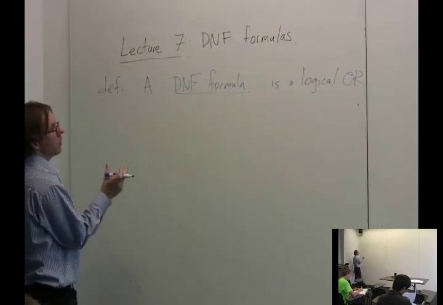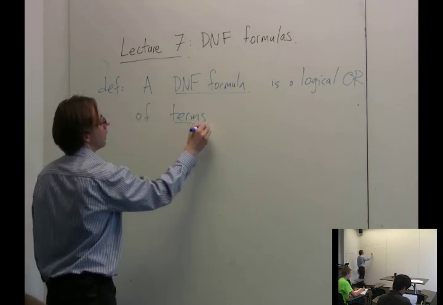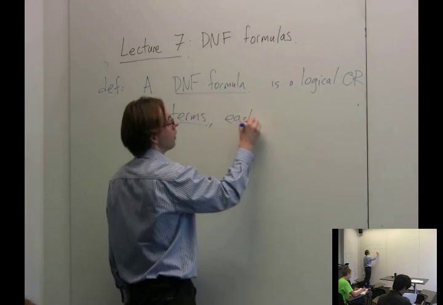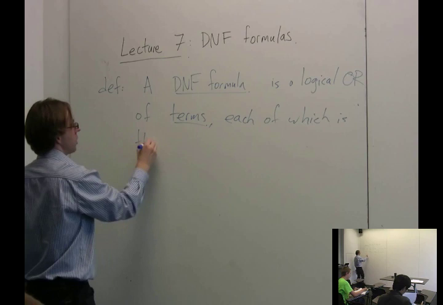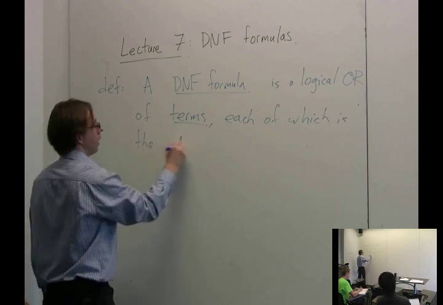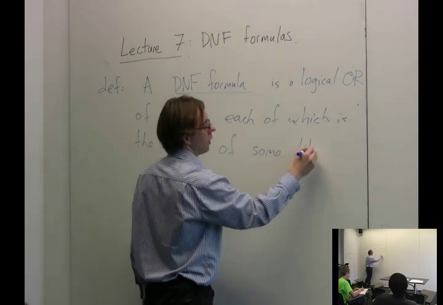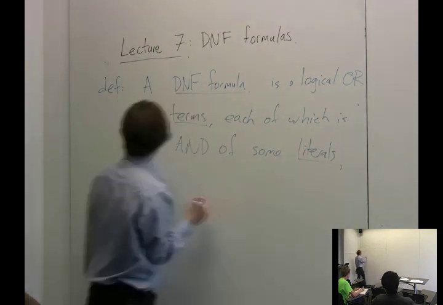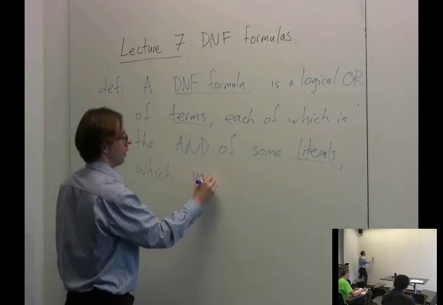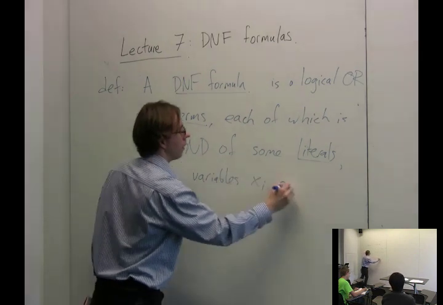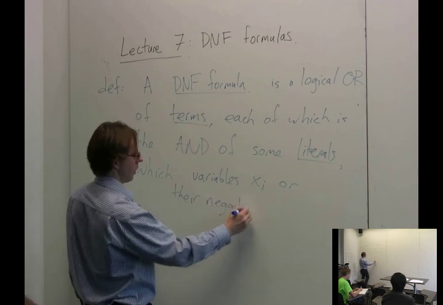And these groups are called terms, each of which is the logical AND of some variables. Well, actually, some things called literals, which are variables or their negations. OK, so there we've crammed like three definitions into one definition.